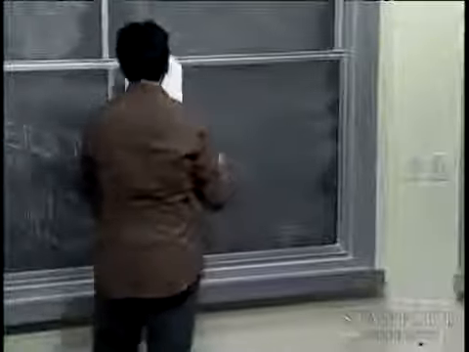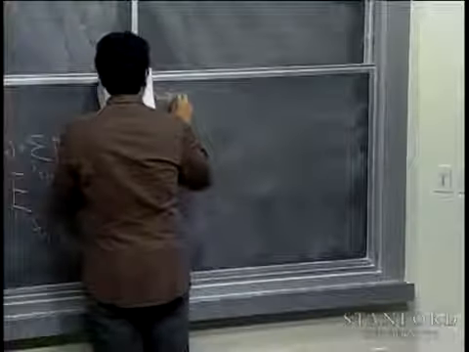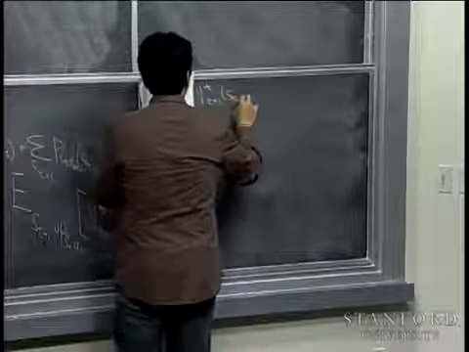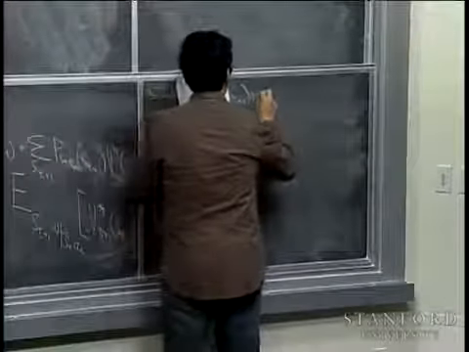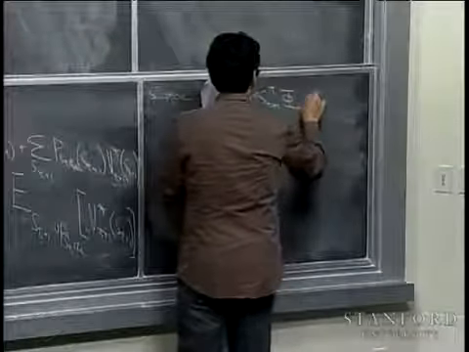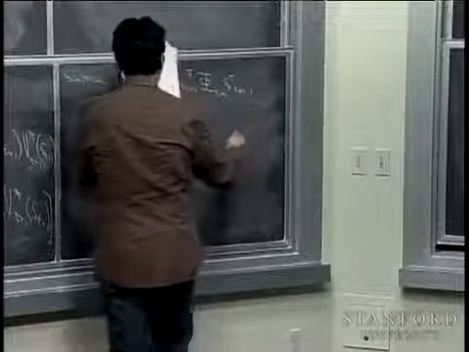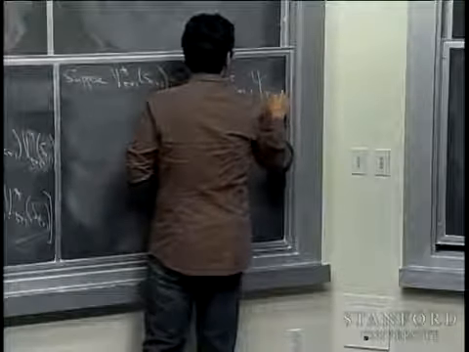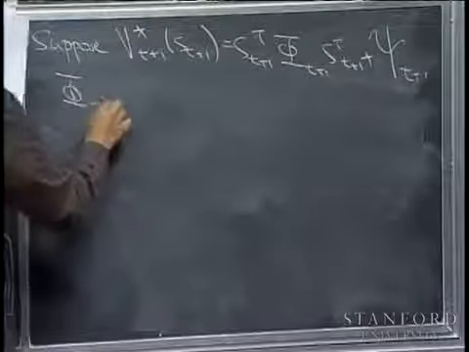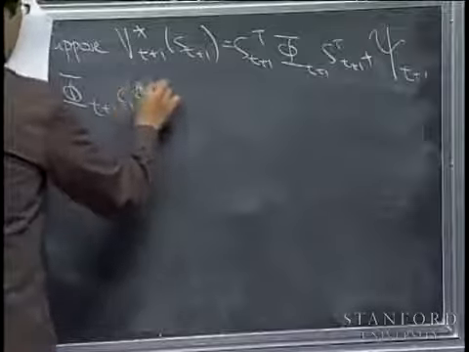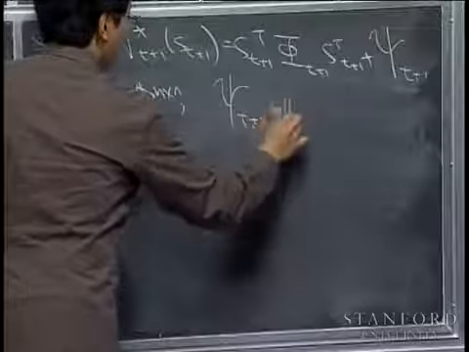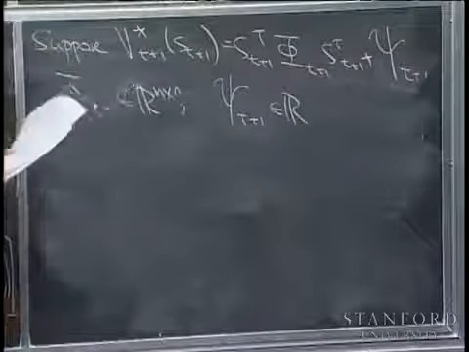Concretely, suppose that V star t plus 1 can be expressed as a quadratic function, written like so, where the matrix Phi t plus 1 is an n by n matrix, and Psi t plus 1 is just a real number.